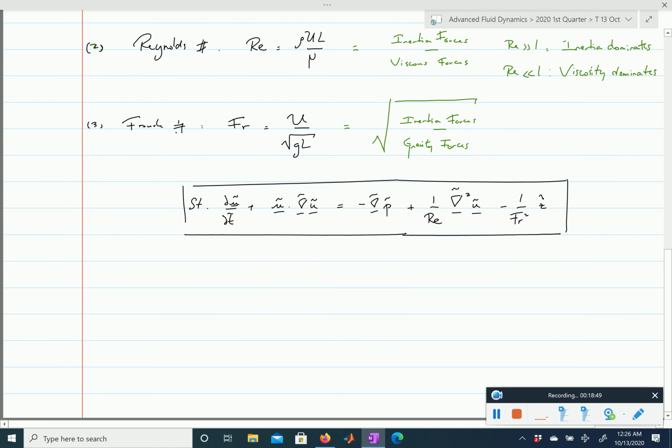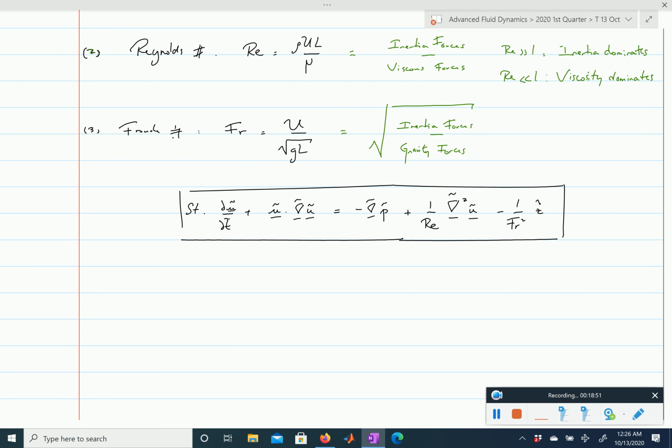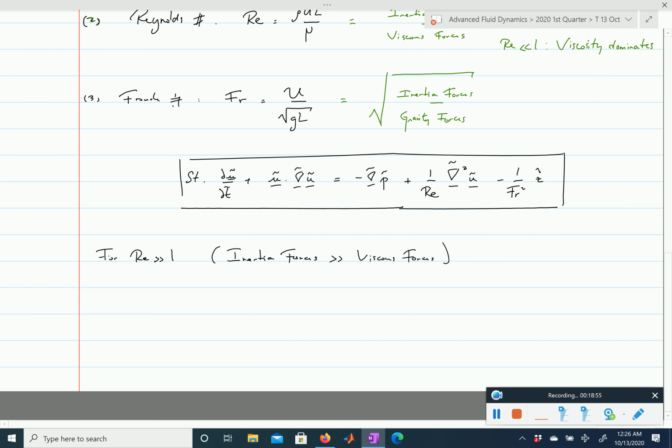And so note that when the Reynolds number is really large, when inertial forces are much larger than viscous forces, 1 over the Reynolds number becomes a really small number, and therefore this term becomes very small because it's multiplied by a very small constant.